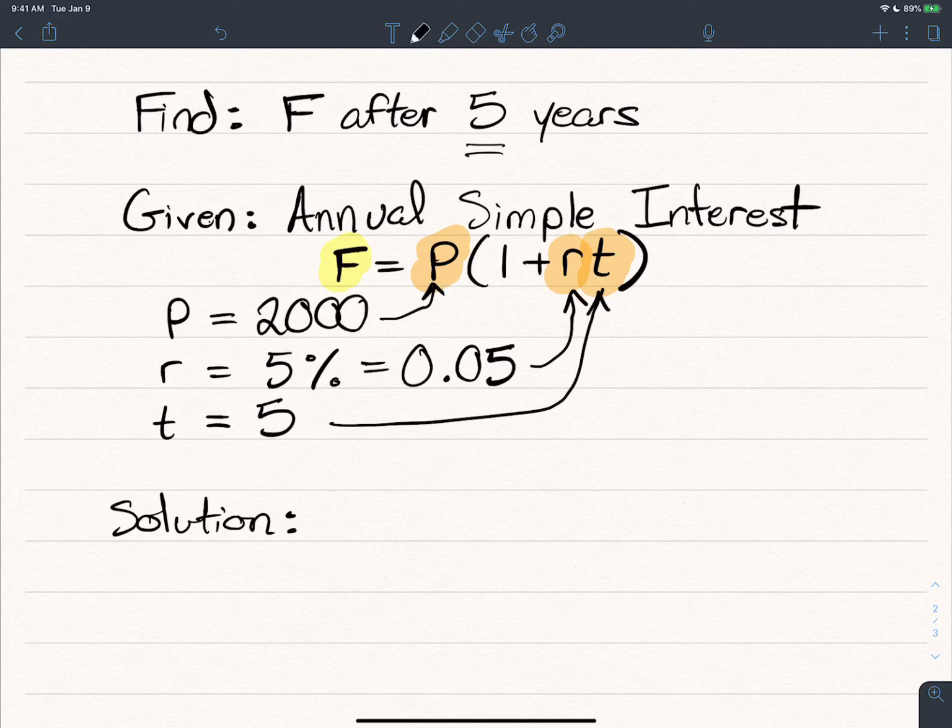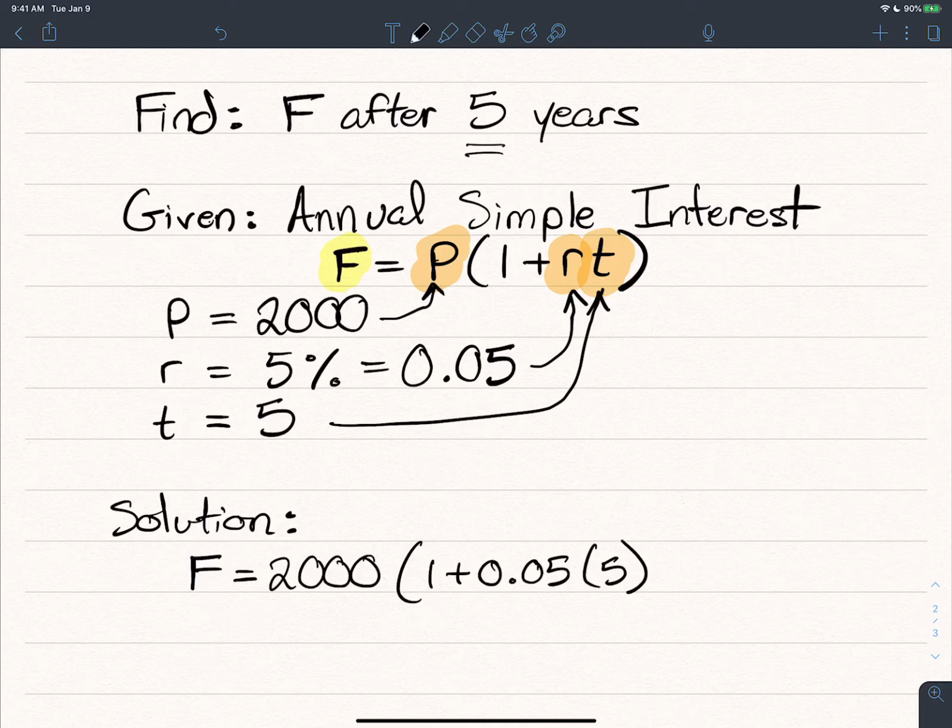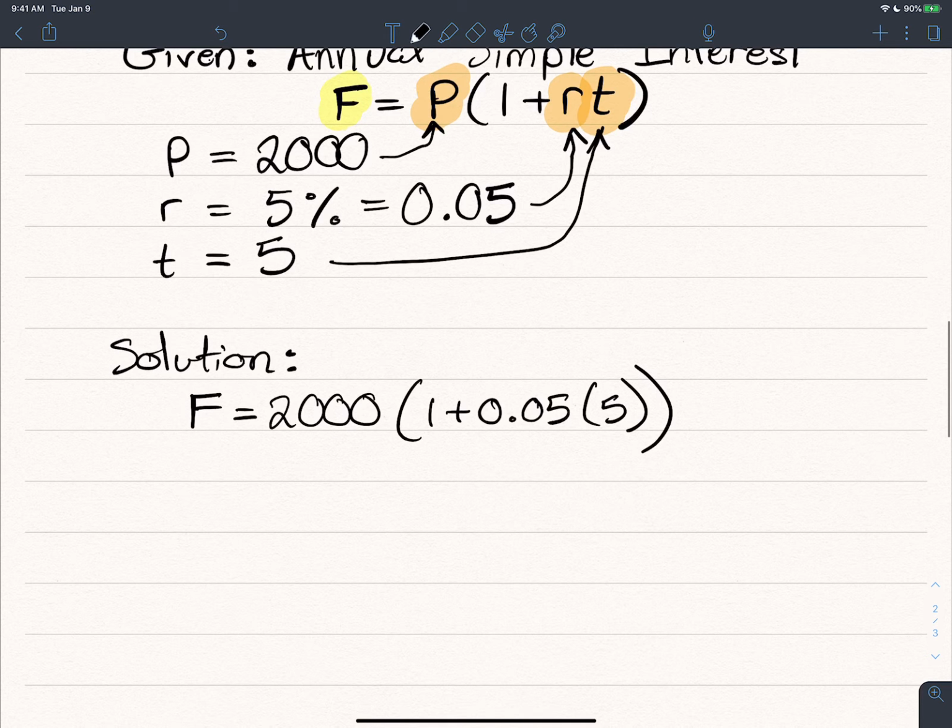Once we plug those inputs in, we can simplify and it will give us F. So we say F equals, and what are we going to put in for P? 2,000. Very good. Times 1 plus R. What's R? 0.05. And what's T? Times 5. And now we just need to simplify it.